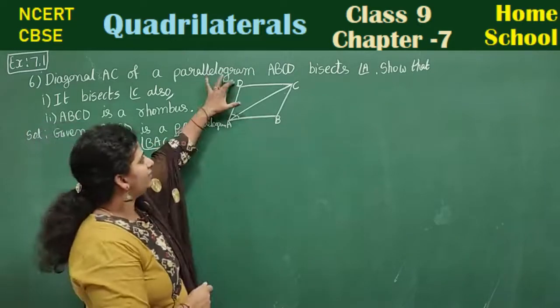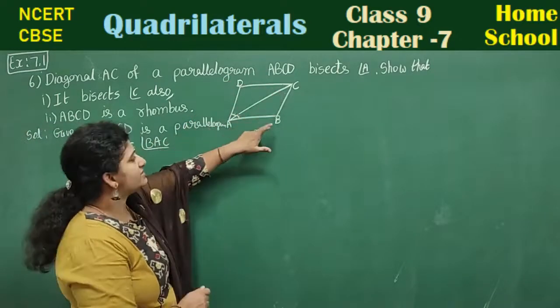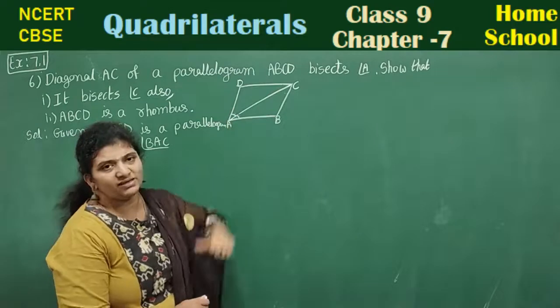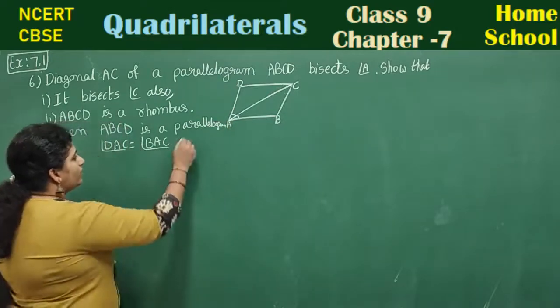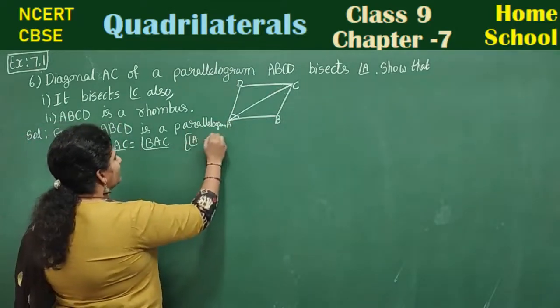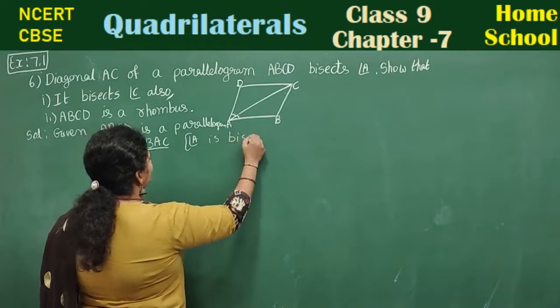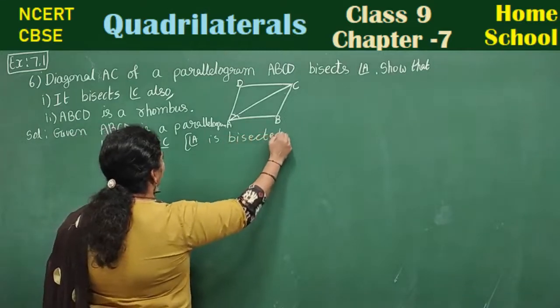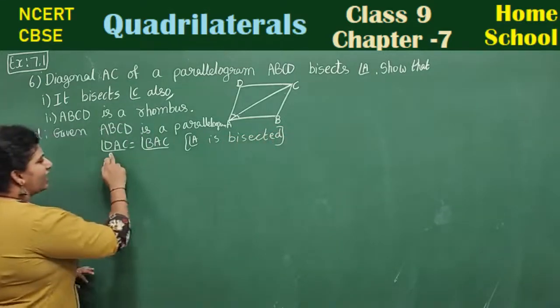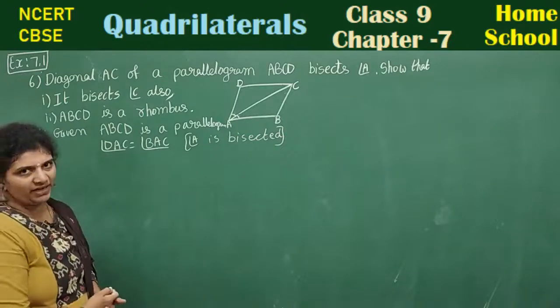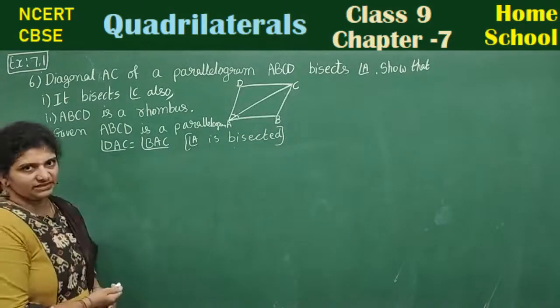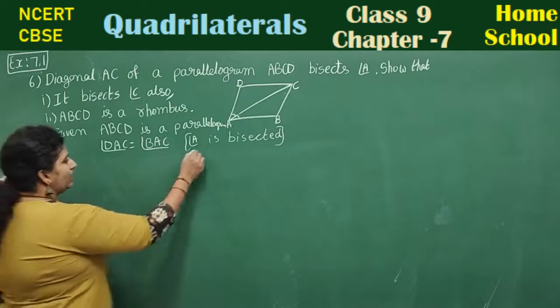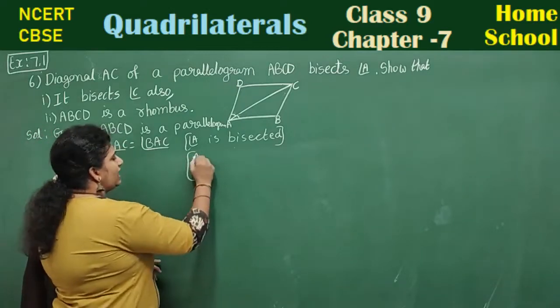Observe, angle DAC is equal to angle BAC. Angle A is bisected. So according to that, I can say that angle DAC is equal to angle BAC.